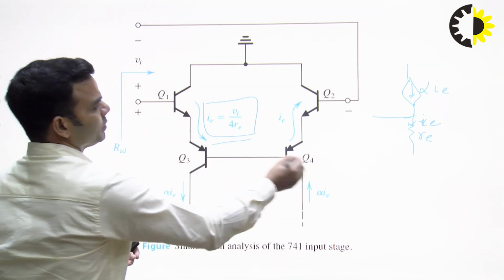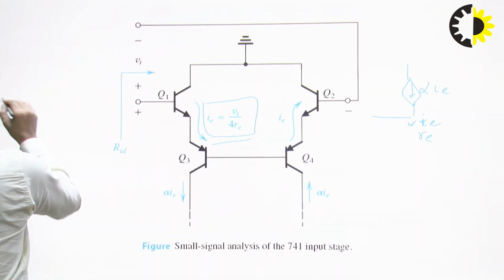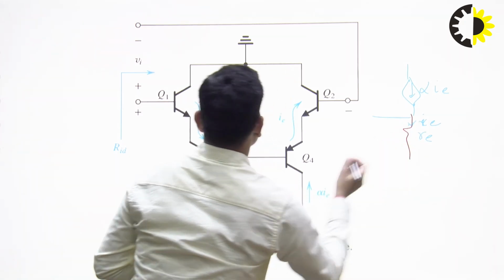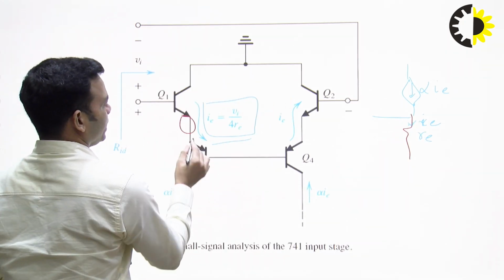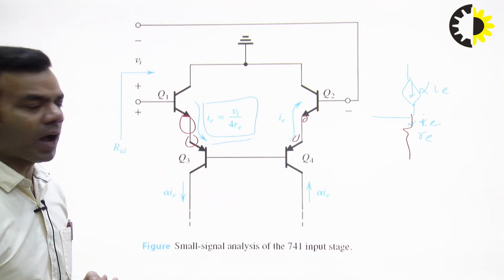So if you replace it with the T model, then you will get that this resistor will be Re plus Re. So there will be 4 resistances, that will be 4 Re.